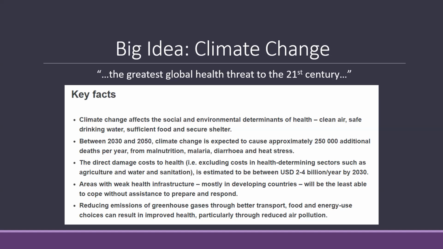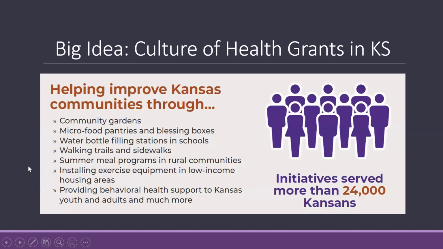Areas with a weak health infrastructure will be the least able to cope, and reducing emissions and greenhouse gases will result in improved health, particularly through reduced air pollution. So this is a big idea that requires big changes, but we can also have big ideas and create big changes in ways that Extension is in what we're already doing and what we're able to accomplish.